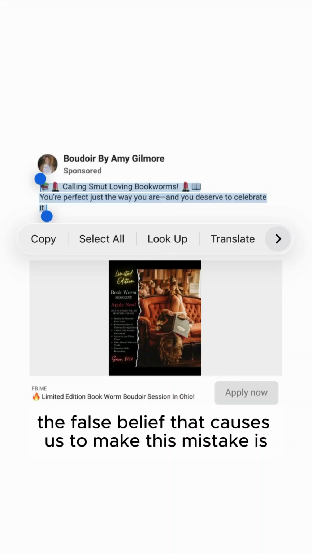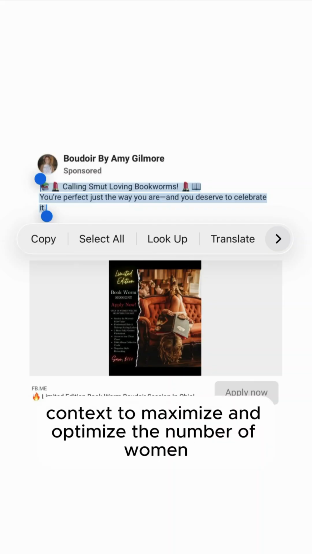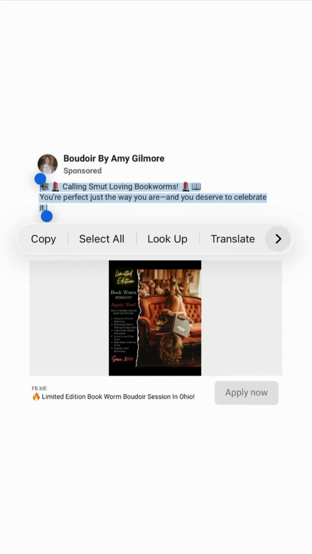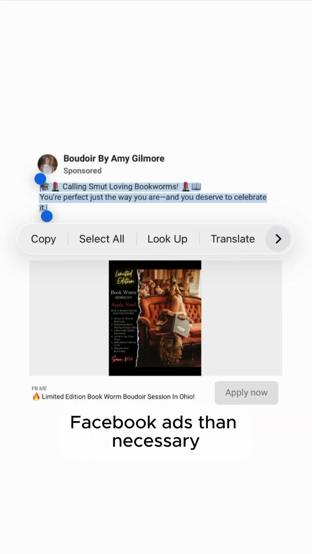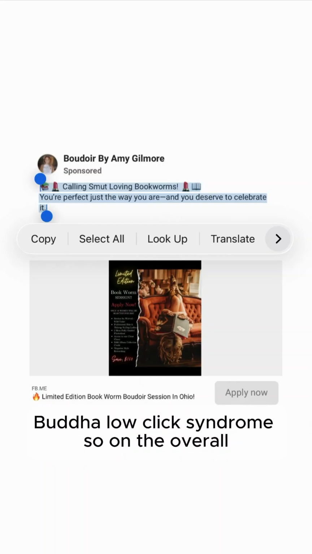The false belief that caused us to make this mistake is we believe we provide enough context to maximize and optimize the number of women, and the right number of women, coming through our ad. But we didn't do that, so the consequence is way more women scrolling by our Boudoir Facebook ads than necessary, pulling our unique CTR under 6% and contributing to BLCS, Boudoir low click syndrome.